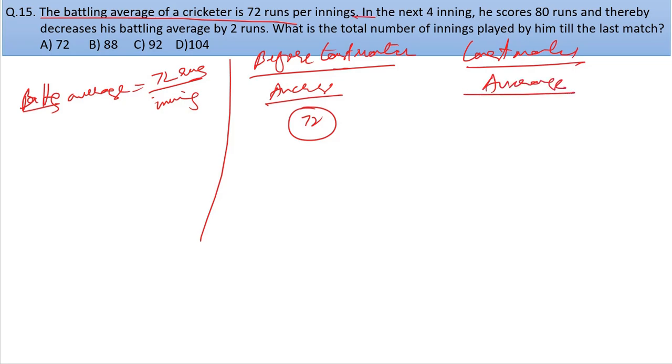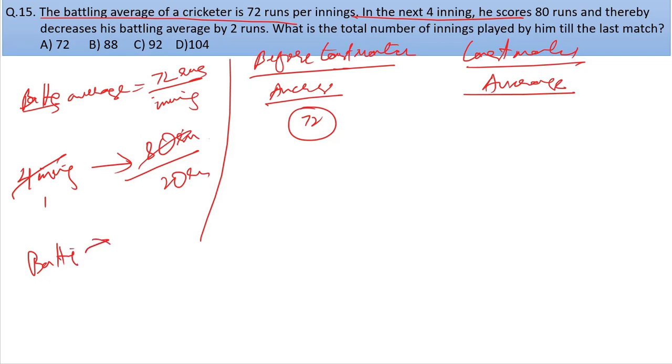In the next 4 innings, he scores 80 runs. That is one inning will be getting 20 runs. That is batting average. New batting average will be having 20 runs per innings.